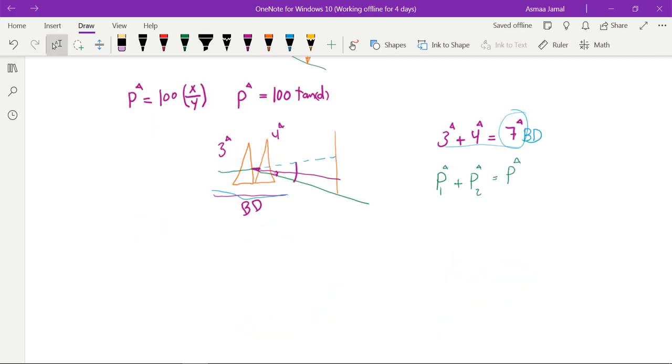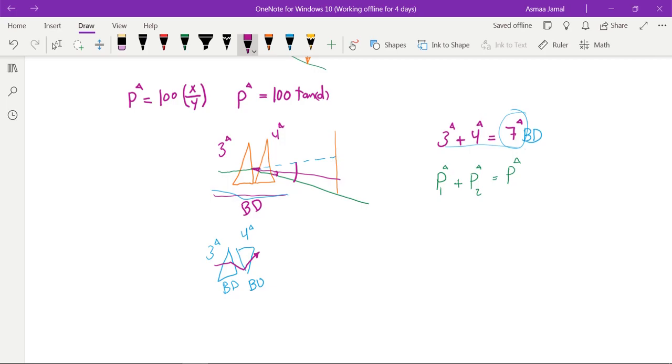Okay, what if the base directions of the two prisms are opposite? For example, one is base down, and let's say it's 3 prism, and the other one is 4 prism, but this time it's base up, which means the light will deviate like that, then go back again like this. Since the light deviated by the prism will deviate toward the base, in this case, we'll subtract the prism powers.